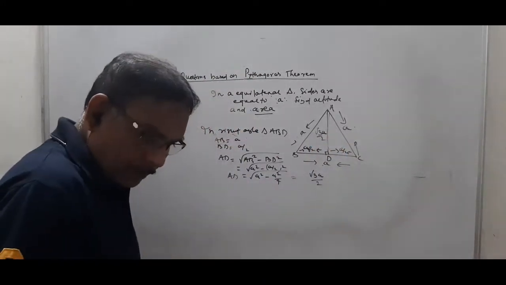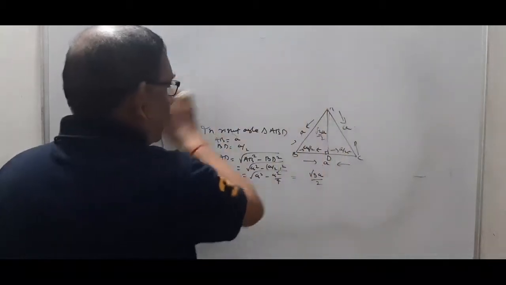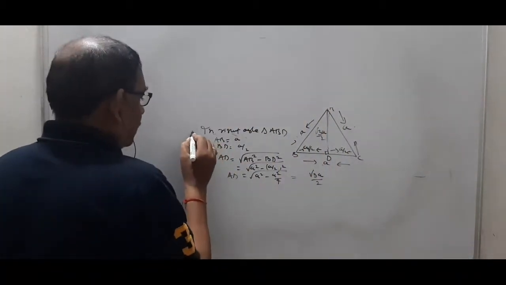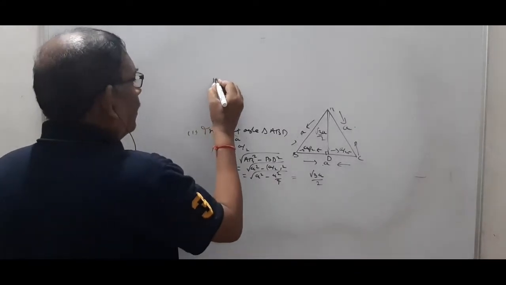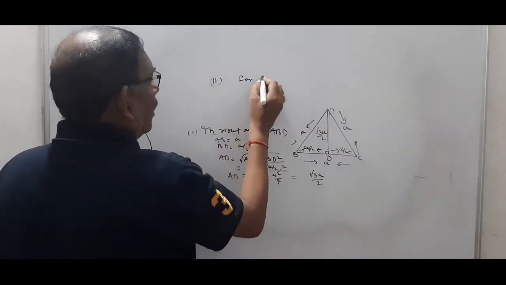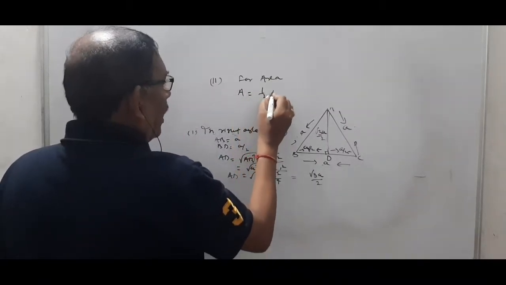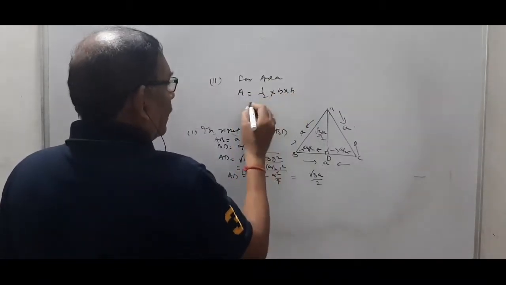Now find out the area. For area, A is equal to half base into height.